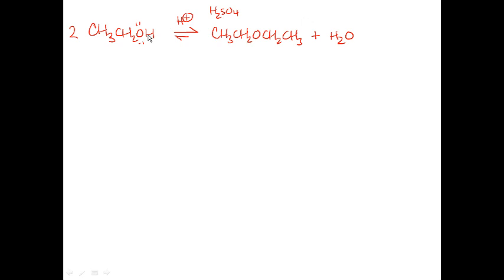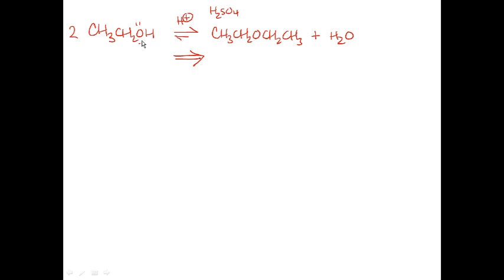And this is an equilibrium reaction. So the issue here is, how do we force the equilibrium to the right, given that there's two identical molecules over here, so adding more ethanol isn't going to be helpful.